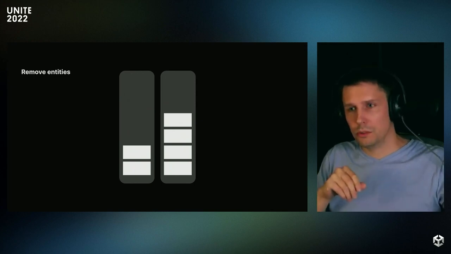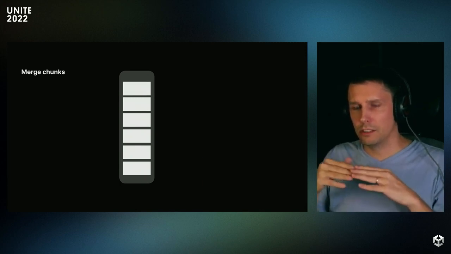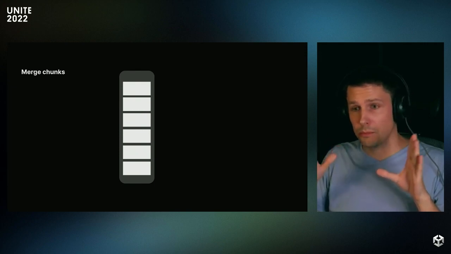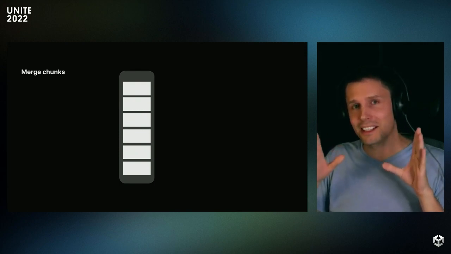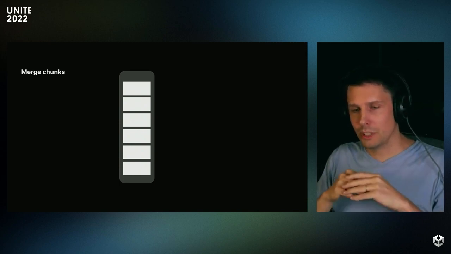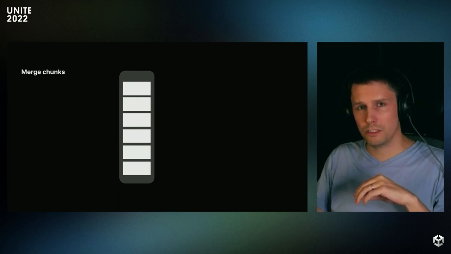So what we decided to do was implement a chunk defragger. Every frame, it analyzes an archetype and checks if it's using the ideal amount of chunks. If it's not, it merges them. This is quite straightforward, unless you're using shared component data. Shared components are another concept in ECS where we can group entities together.